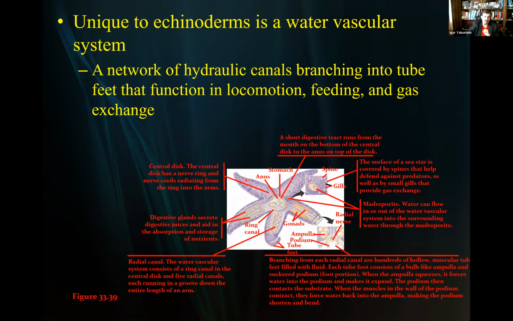Okay, so that's how the water initially moves. Now, radial canals will be attached to tiny little bulbs, known as ampullae. So water fills the ampulla, and the ampulla on the bottom is attached to the tube foot. It's literally a tube foot.